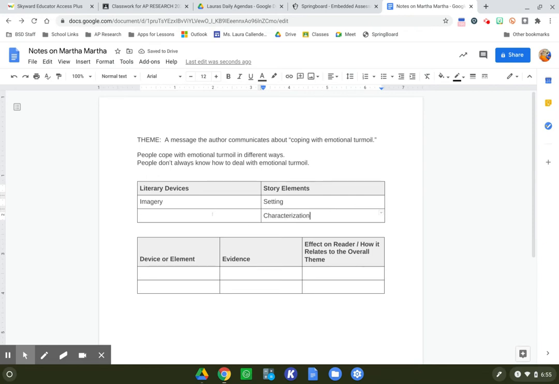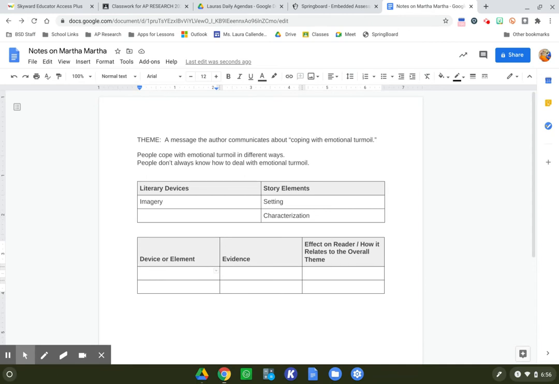So as we go through and we identify what some of these literary devices are, we can add them to our notes. So then what we have to do is the analysis piece. So that first chart is really about identification, identifying the literary devices that the author uses and the story elements and all of the things that are related to the theme. Here in this next chart is where we're going to analyze them.